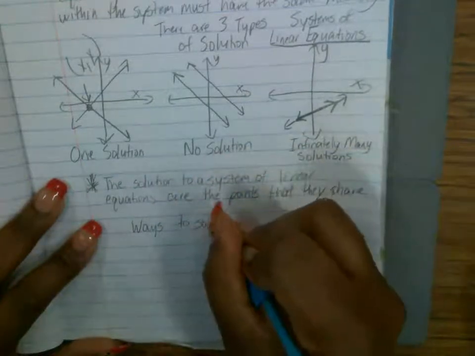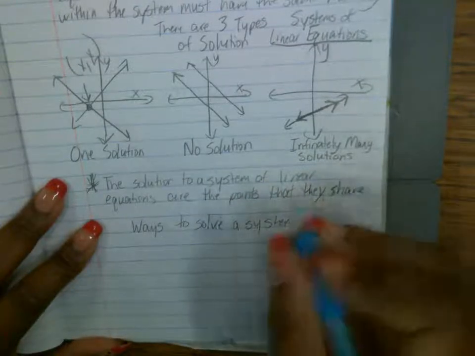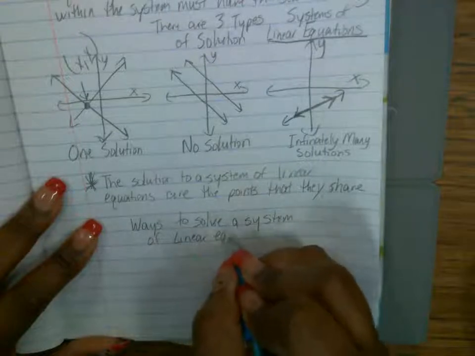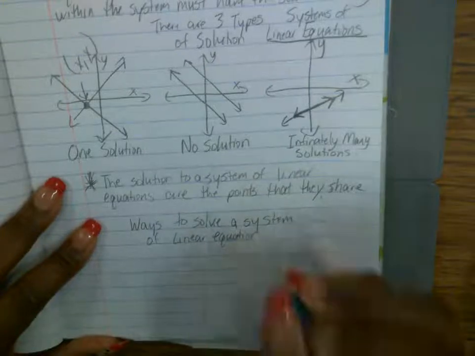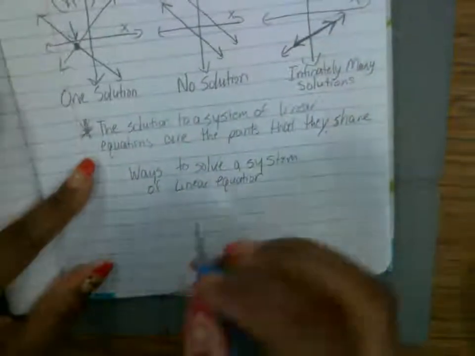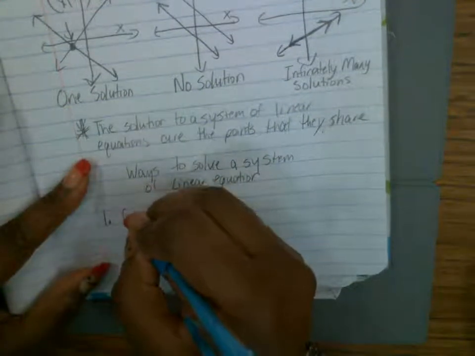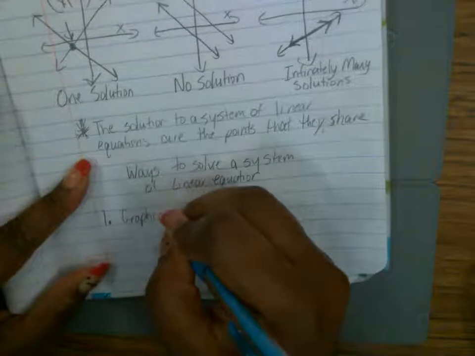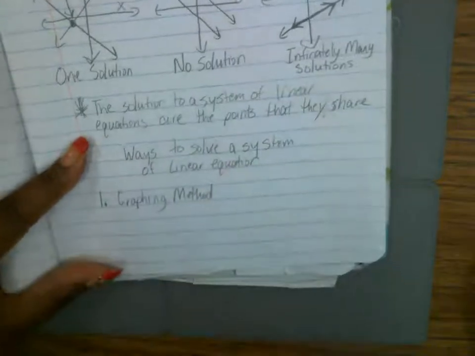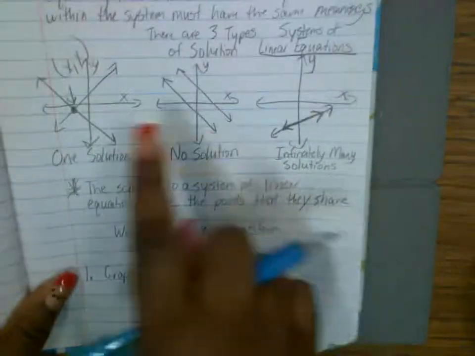Ways to solve a system of linear equations. You could use the graphing method. One, graphing method. That means you just graph both equations to see where they cross, like we did up here.